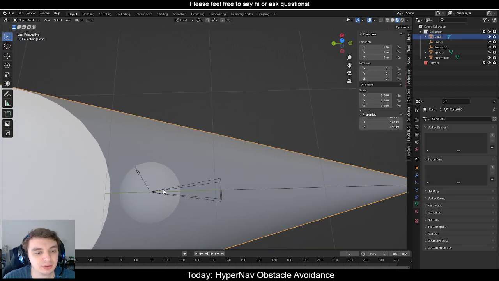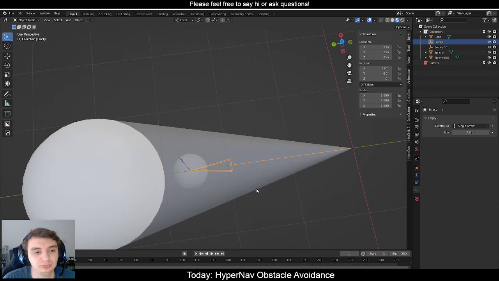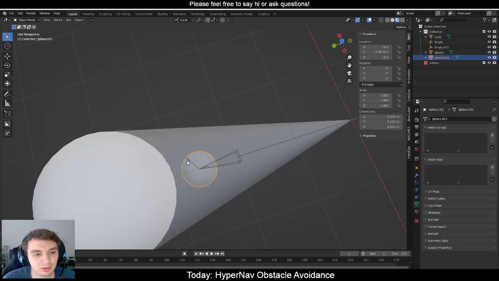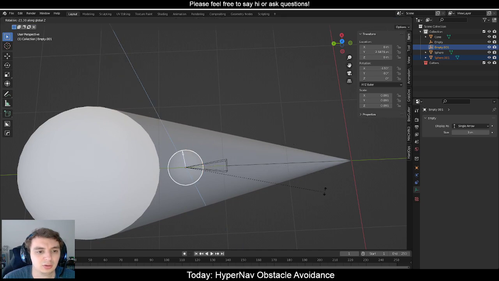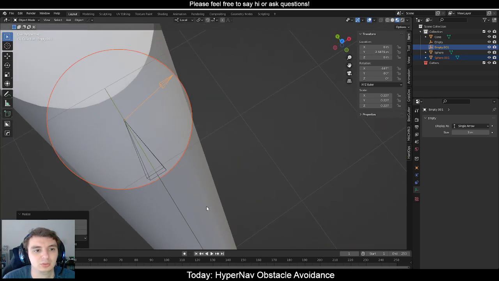It's also possible that I'll intersect it in one place.